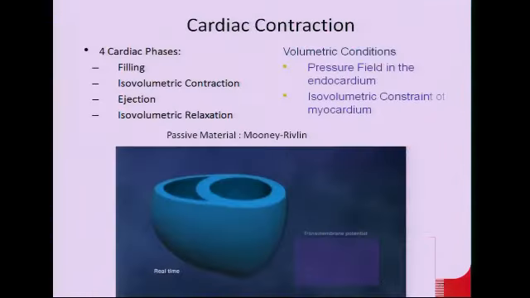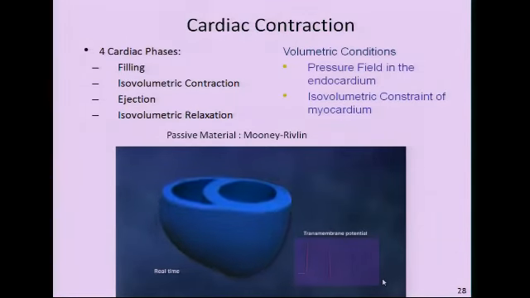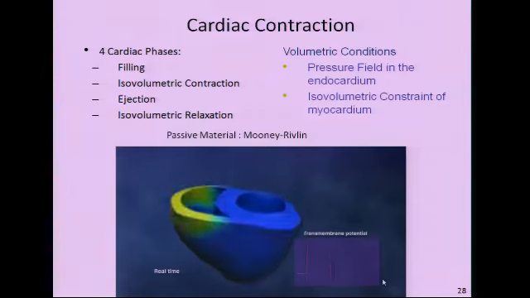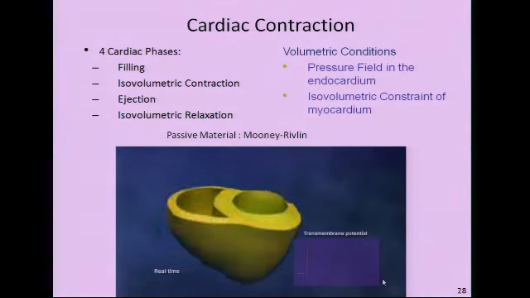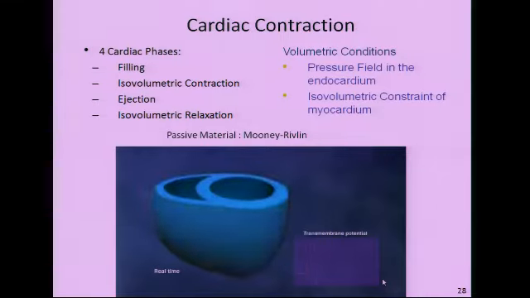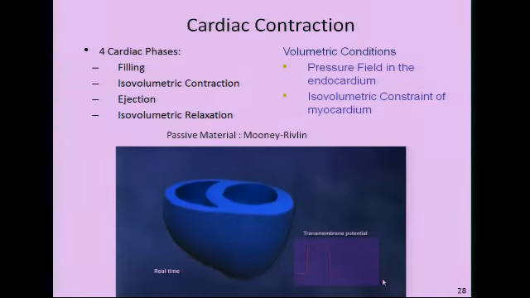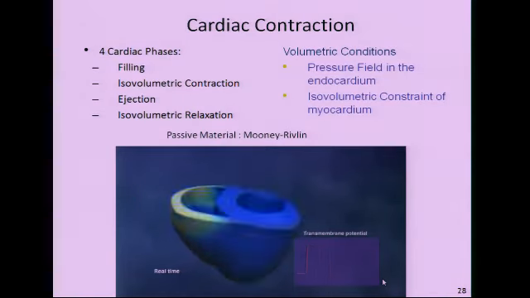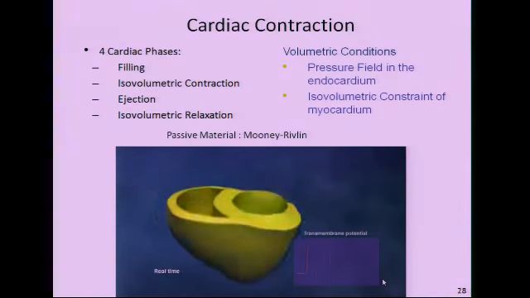I will skip the details, but this is what you can achieve at the end when you integrate the electrophysiology with a mechanical model. We also have a model of the passive behavior of the heart, which is a viscoelastic material. We use nonlinear mechanics, and we take into account the 4 cardiac phases, especially the isovolumetric contraction and isovolumetric relaxation.